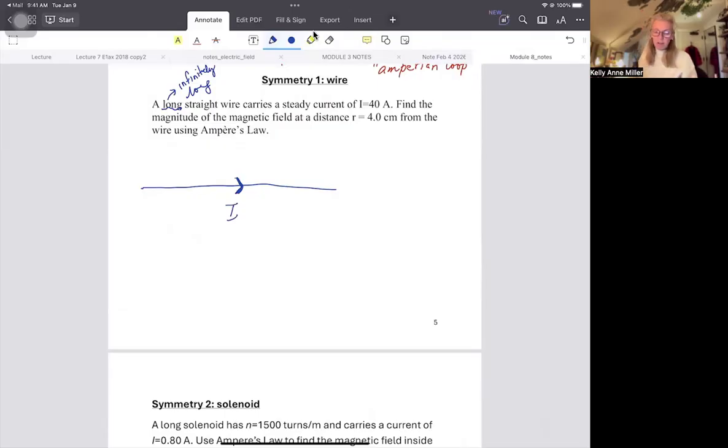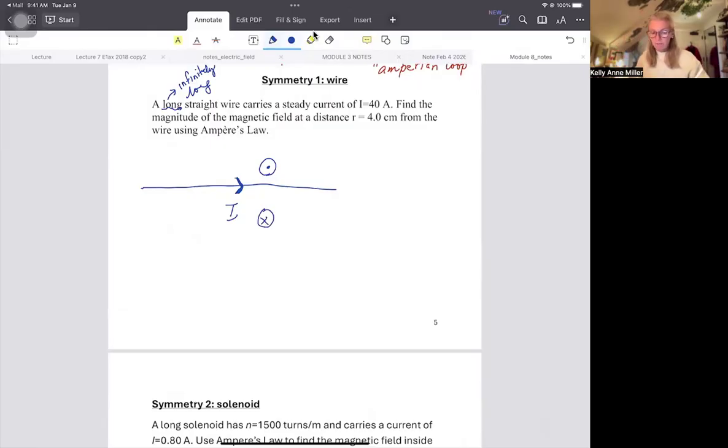So the current is going through, and it doesn't tell us which direction, so we can just pick it. I'm going to point my thumb in the direction of the current, and I know the B field is going to be coming out of the page above the wire, and into the page below the wire.